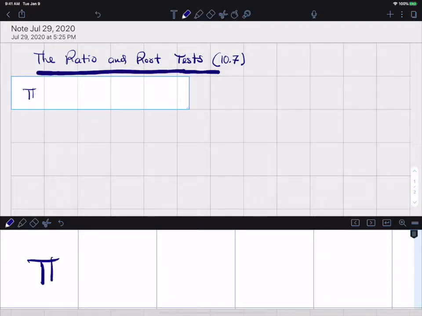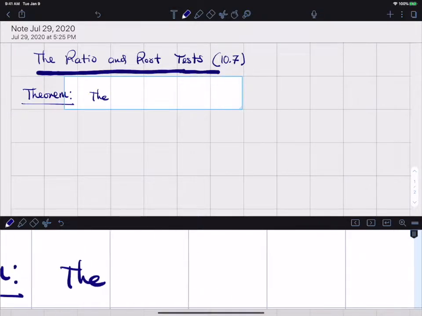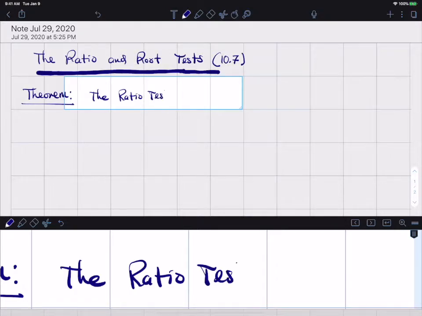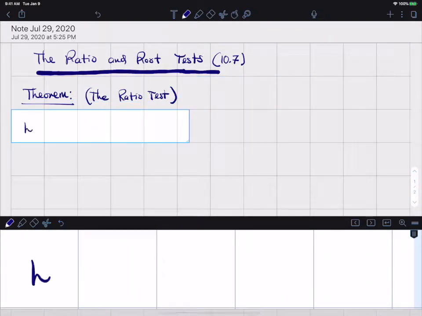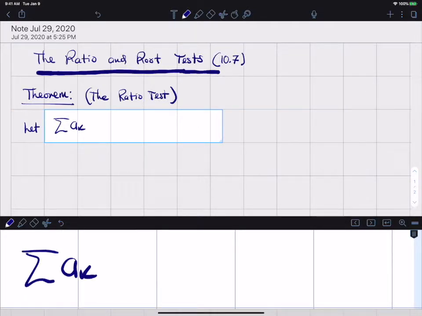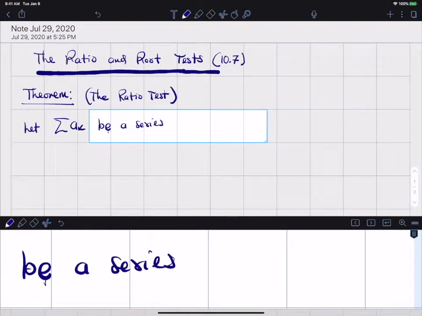So these are theorems, which I'm just going to state without proving. Theorem, this is the ratio test. Now, let the sum of a_k be an infinite series with positive terms.